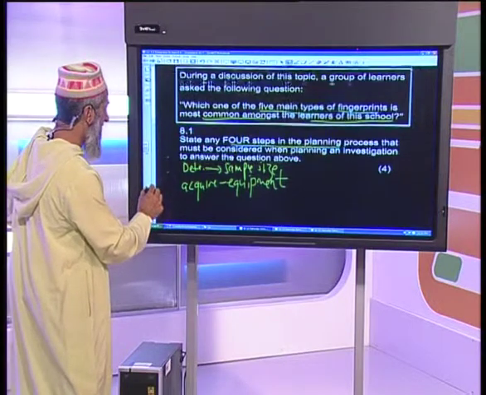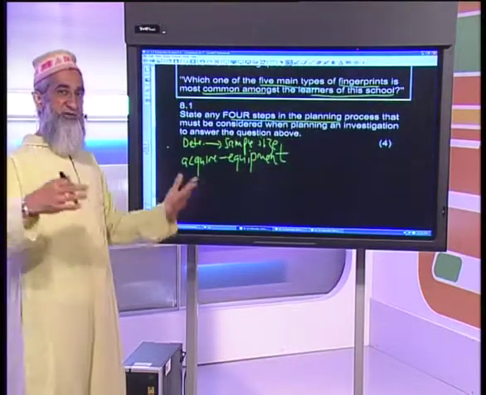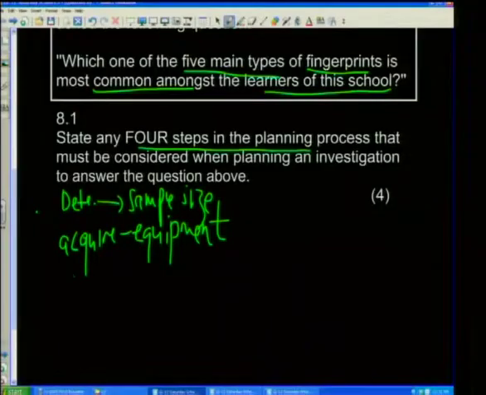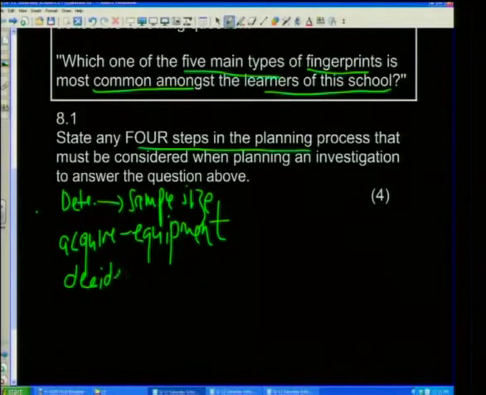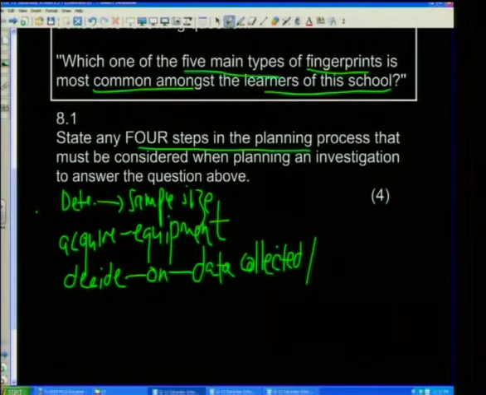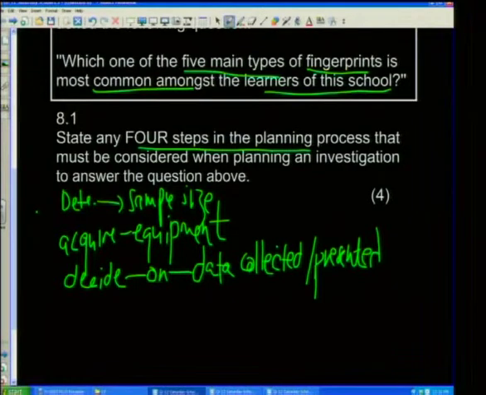Now, when you collect the results of any investigation, how are you going to present it? So then you're going to have to decide on how the data will be collected and presented, etc. And obviously, just like the matric farewell, you'd need to have the venue.